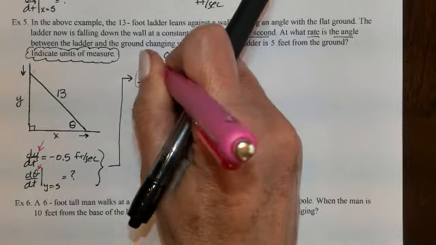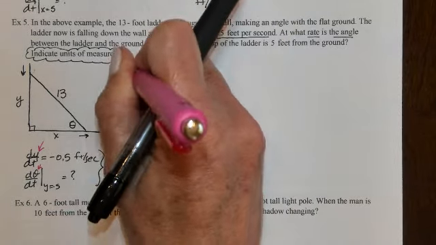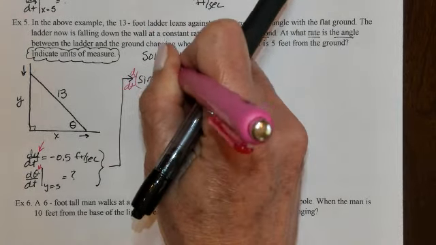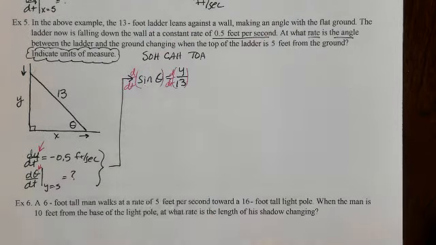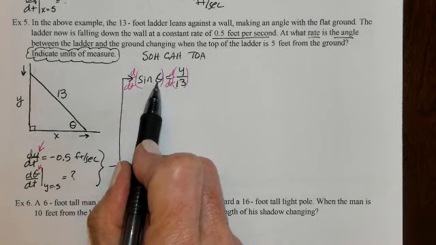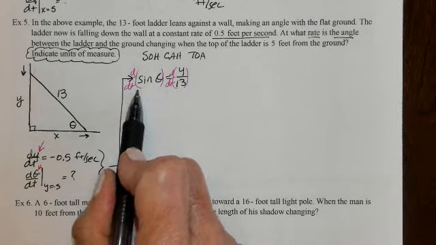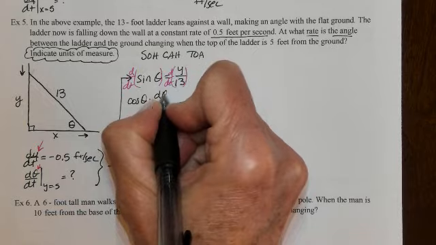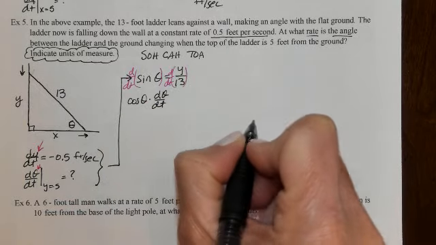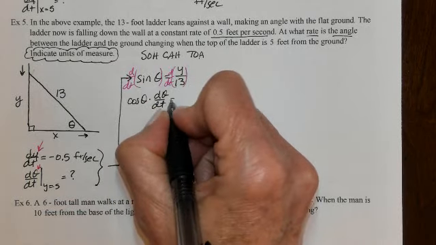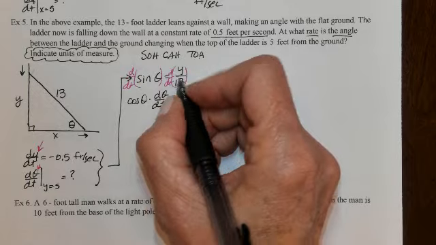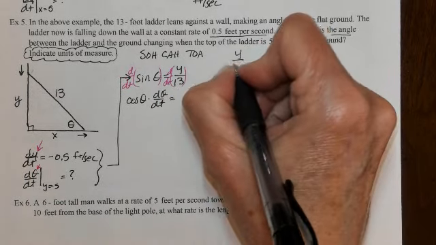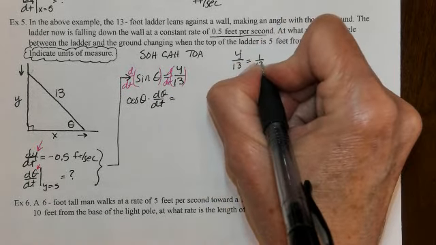Take the derivative of both sides with respect to t. The derivative of sine theta with respect to t will be cosine theta d theta dt. And the derivative of y over 13, you guys, y over 13 is equal to 1/13 y.